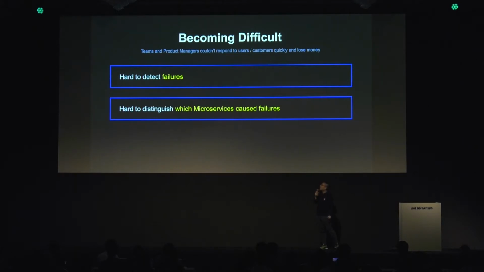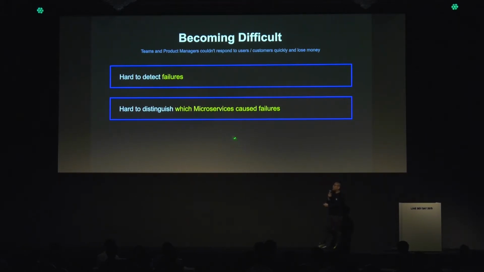And also, with expanding microservices, we are facing two issues. First is the difficulty to detect the failures. And the bigger problem is even if the failures are detected, it is difficult to distinguish which microservices caused the failures.